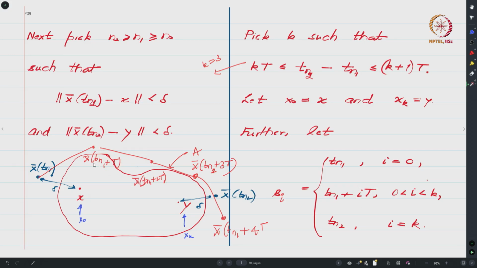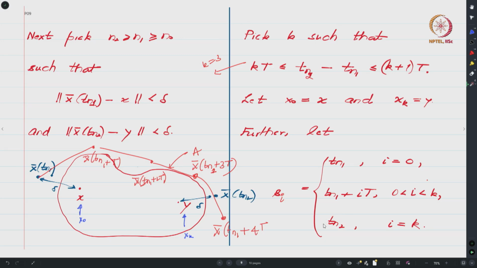So you can see that there is tn1 plus t, there is tn1 plus 2t. So in this way we will set si to be tn1 plus it, and in the last case, instead of stopping at tn1 plus 3t, we will actually go to tn2. So for i equals k we will set the value of si to be tn2.